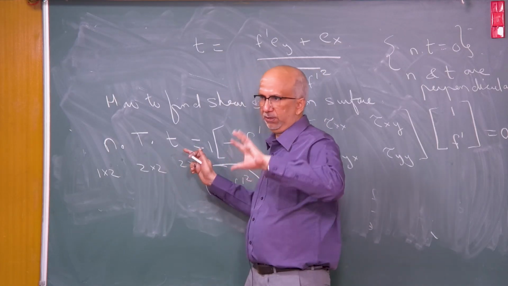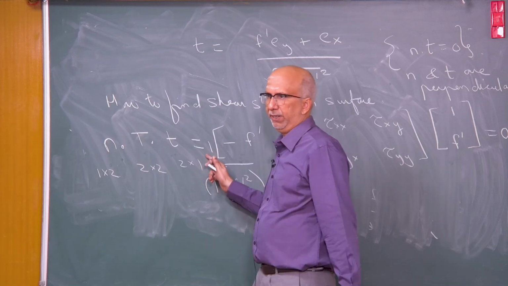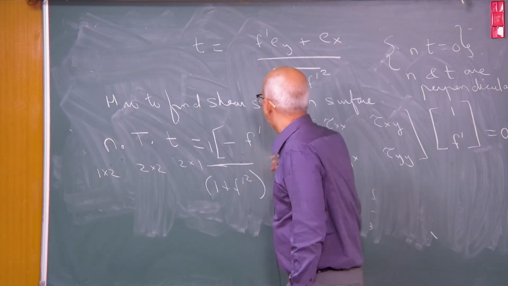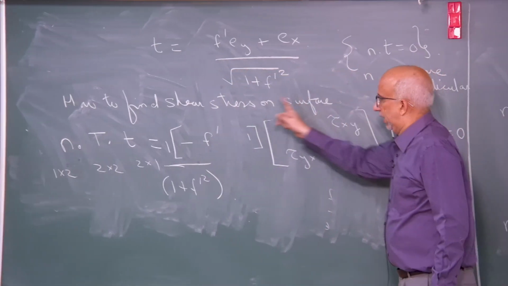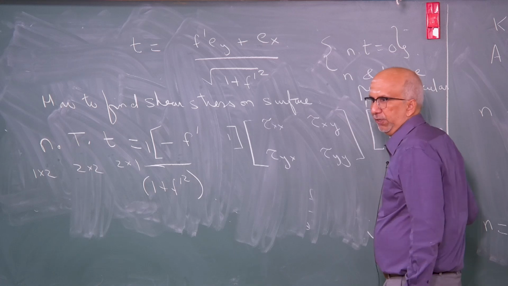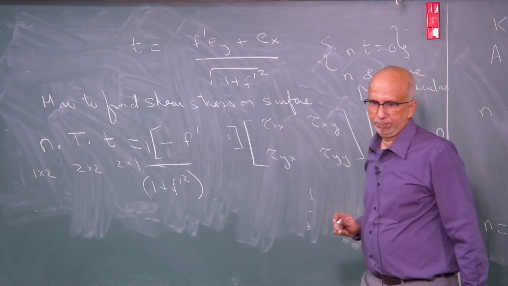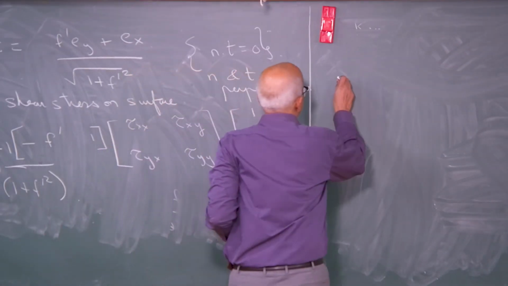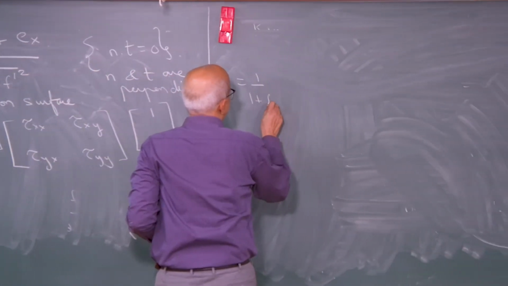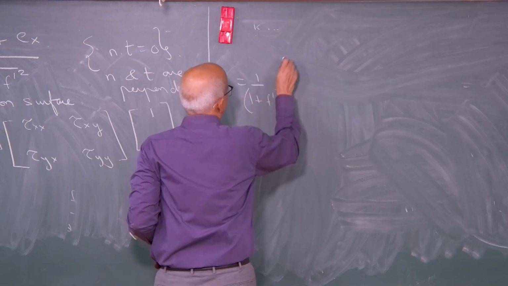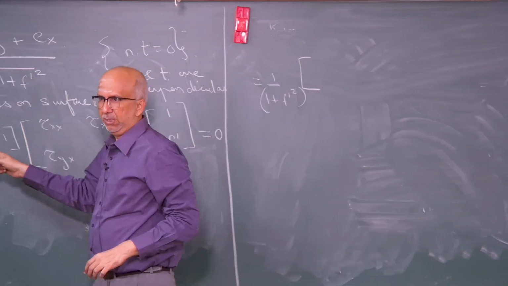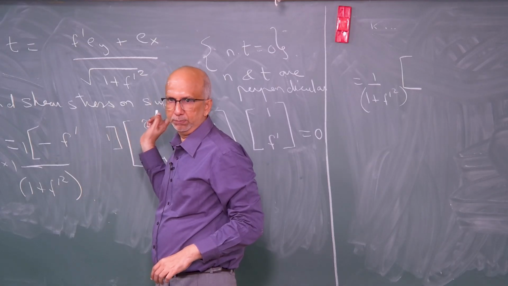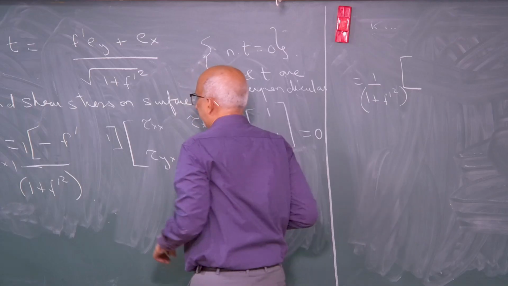N dot T tells me the full component, N dot T dot t tells me the tangential component, this must be 0. So, the boundary condition which I am going to use is, I have to evaluate this and put it equal to 0. Do the matrix multiplication and you can check if what I am doing is right. So, I have 1 by 1 plus f dash squared. It does not really matter what this denominator is, only the numerator matters, because if this is equal to 0, the denominator does not bother me. So, I will just put the numerator equal to 0. I do not need to really write the denominator.